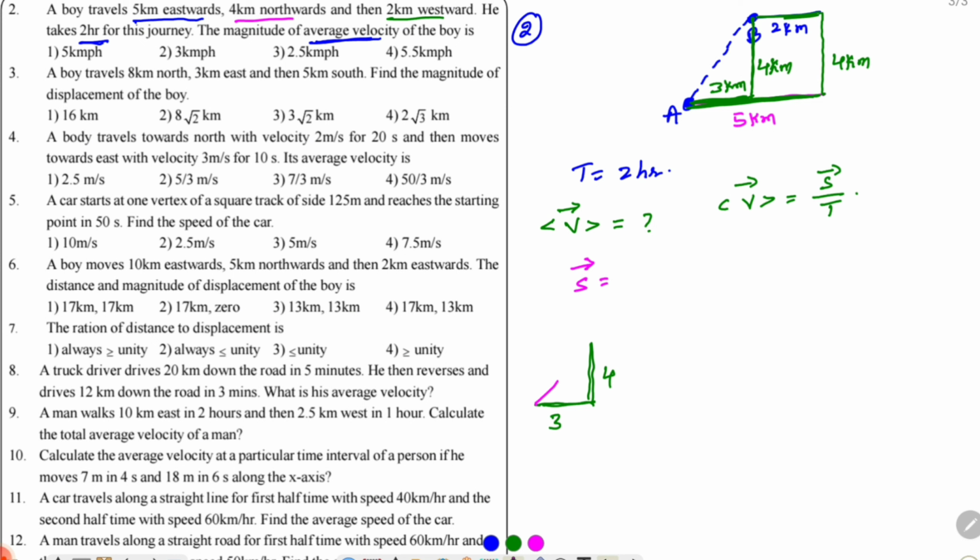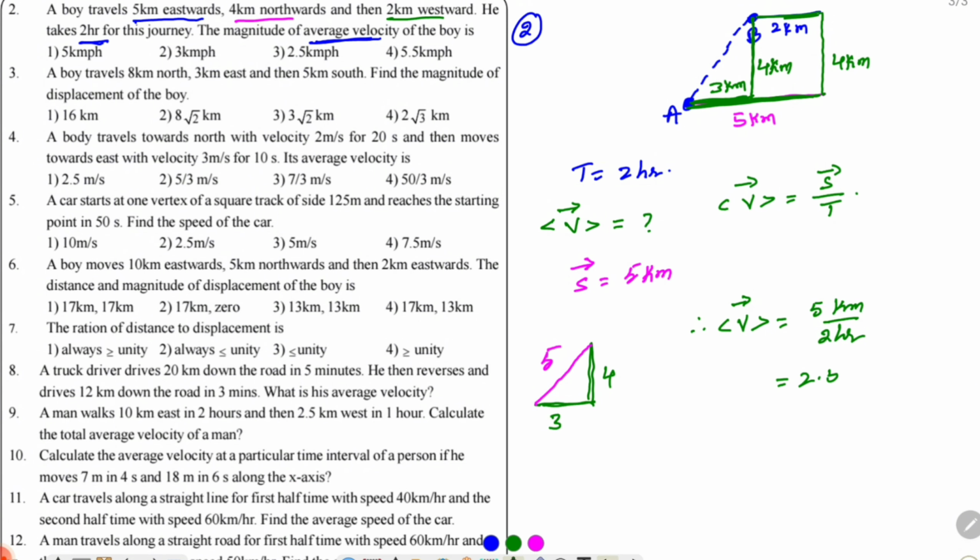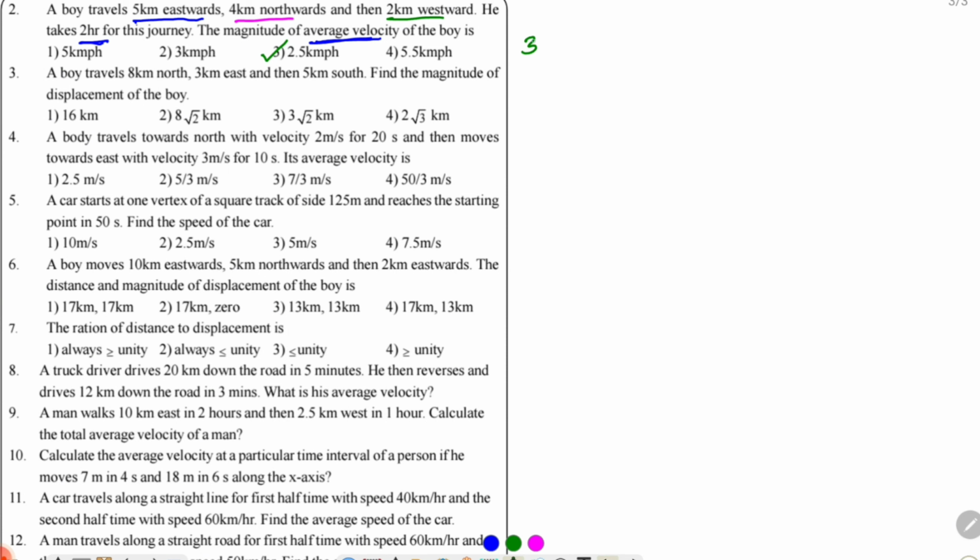Now what is the hypotenuse? You know the value of the hypotenuse here is 5. It's a Pythagorean triplet. So displacement is 5 km. Therefore average velocity is displacement 5 km divided by time 2 hours, which is equal to 2.5 kmph. Your option is 3.